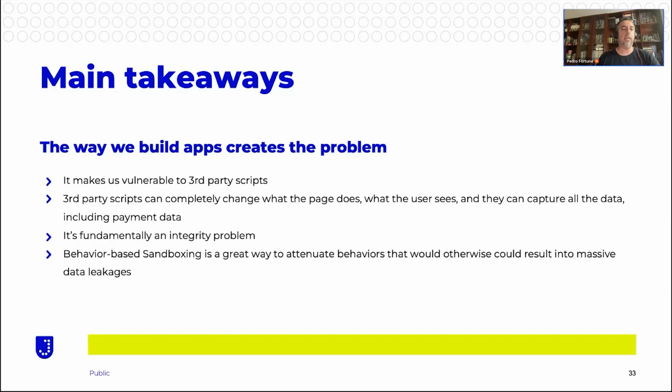A compromised script can change what the page does, what the user sees, and can capture all information, including payment information. So this is a problem of integrity. And solutions like our web page integrity, which limit what a script can see and what it can do, are usually a very effective way of addressing the problem.